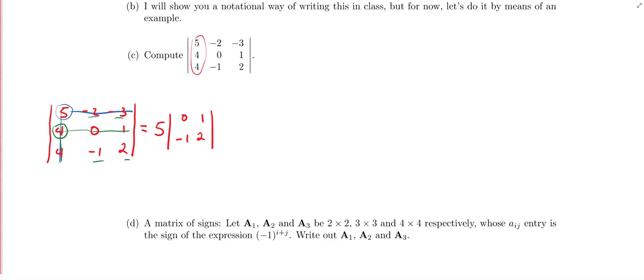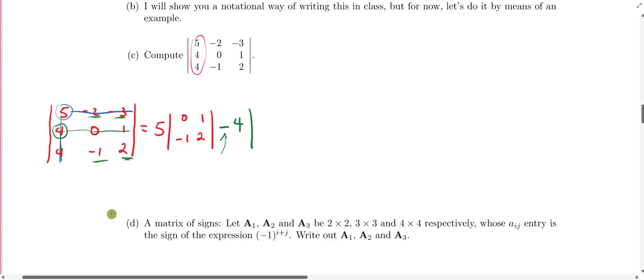The next thing to see is that we would write minus 4, where the entry here is a positive 4, and we're going to put a minus here. We'll talk about that in the next example. But then if we look at the remaining 2x2 matrix, we have minus 2, minus 3, minus 1, and 2.